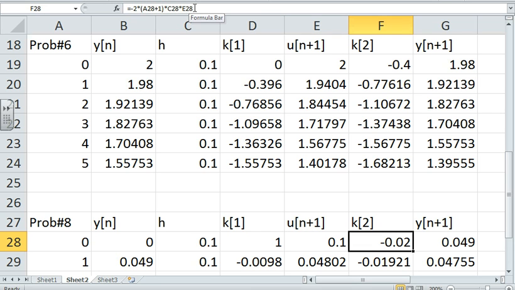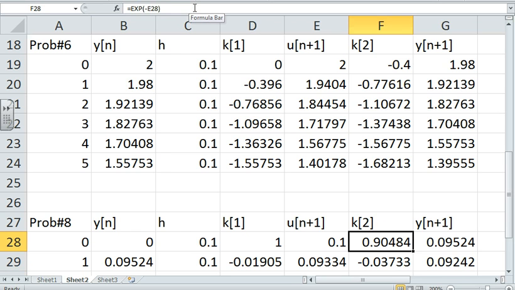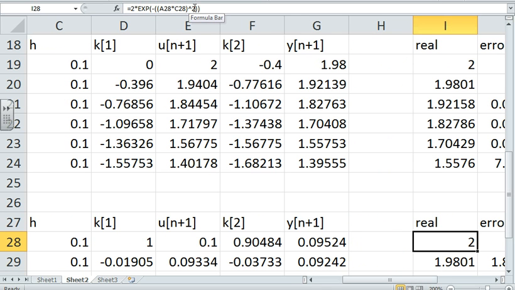K2 is the function. It's going to be equals exp minus E28. Okay, and the y guy is calculated, that's fine.